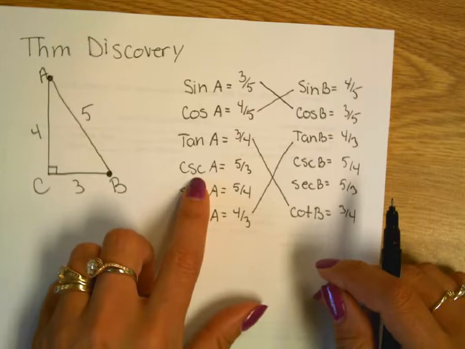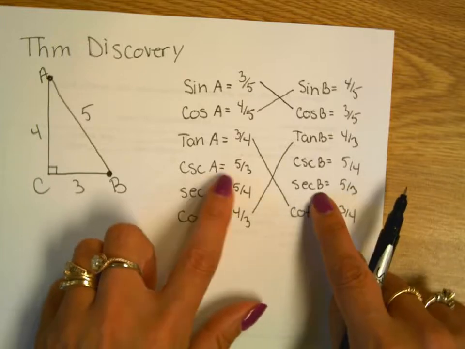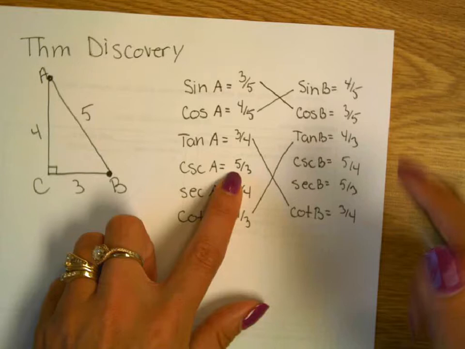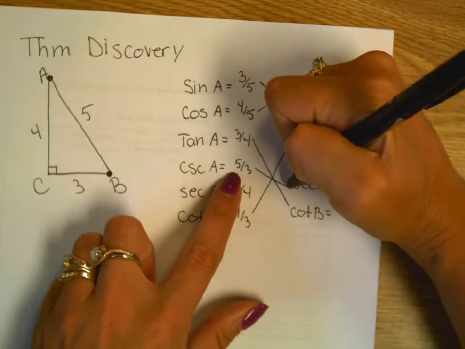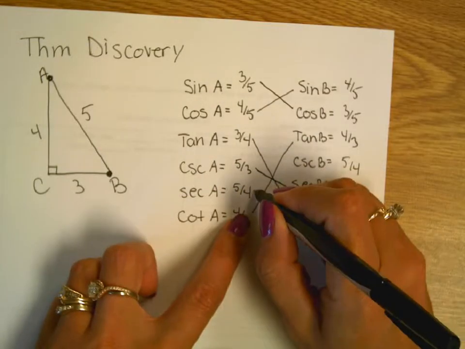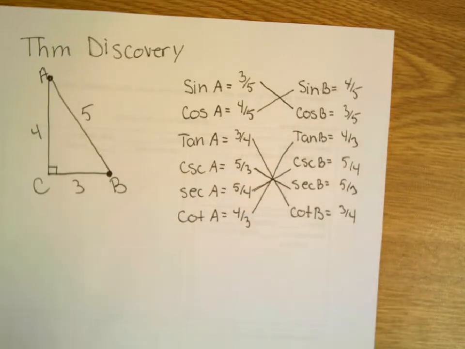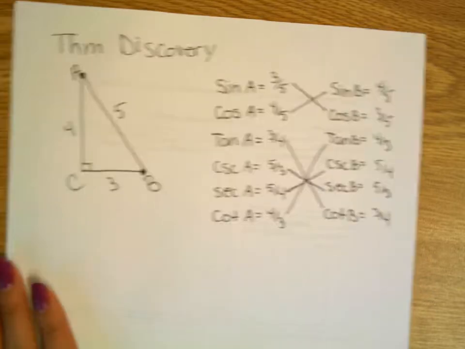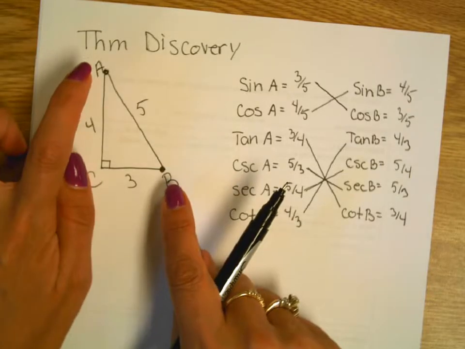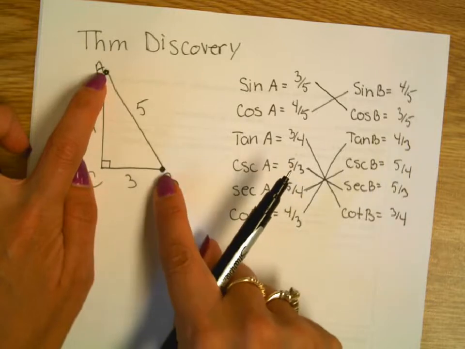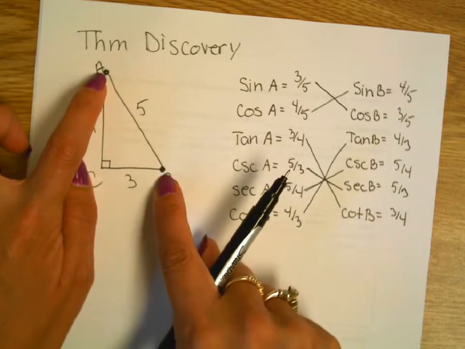Cosecant's cofunction is secant. Oh, look at those, came out equal. And these came out equal. Okay, so our big theorem is that cofunctions are equal, but only if I'm taking one from angle A and one from angle B.